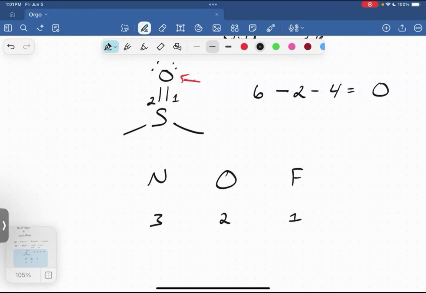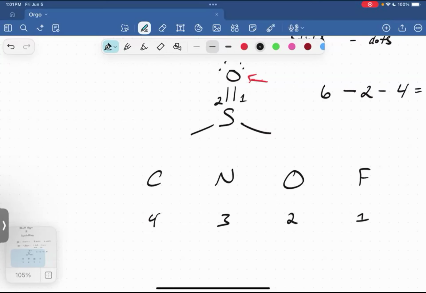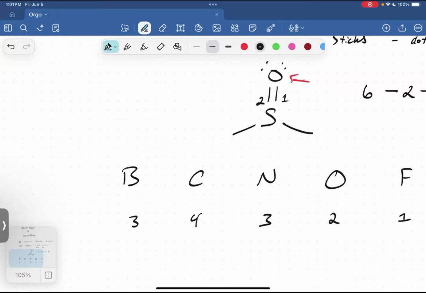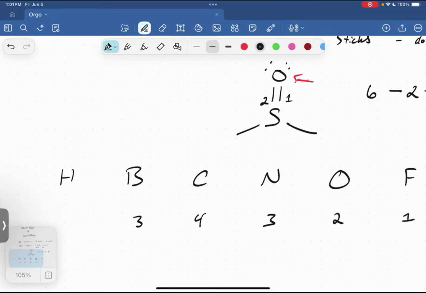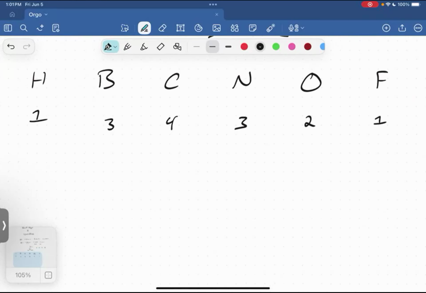Nitrogen would be making 3 bonds if it's neutral. Carbon would be 4. Boron would be 3. And hydrogen, of course, only has the capacity to make 1 bond. If you have this in mind, then you can at least get halfway there in terms of eliminating answer choices because most of the time our exams are multiple choice.